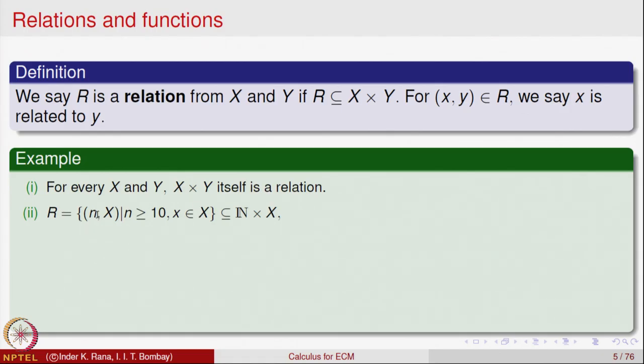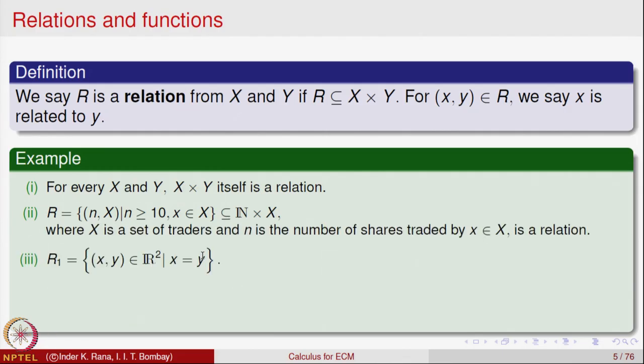So, n will be positive, and this relation will signify all those traders who have bought at least 10 shares on a particular day of that company. So, all that data will be captured in this set.